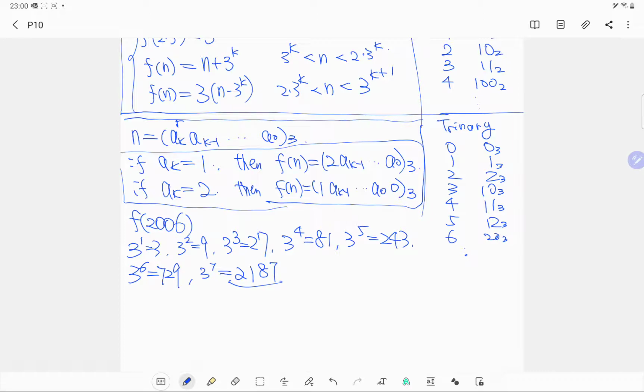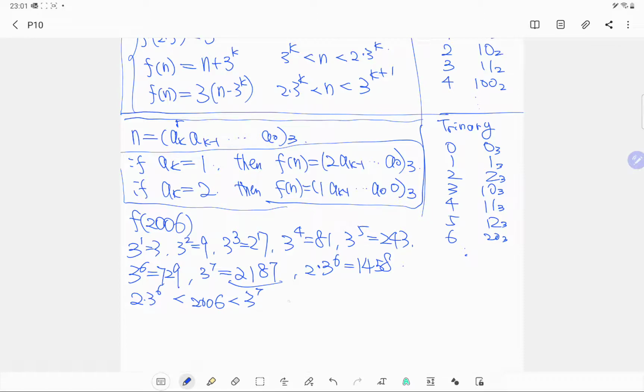And of course, 2 times 3 to the sixth power is 1458. So we can see that 2006 is smaller than 3 to the 7th power and is larger than 2 times 3 to the 6th power.